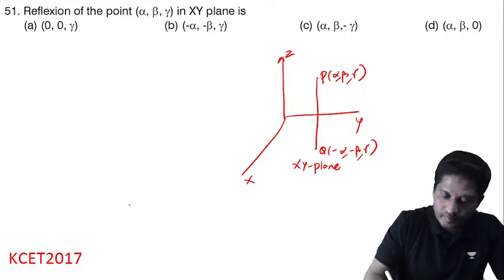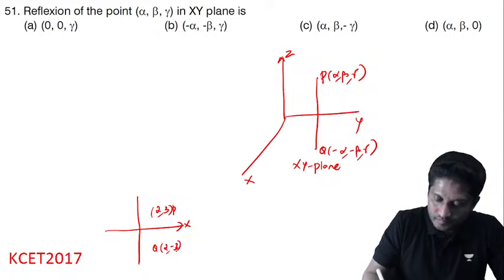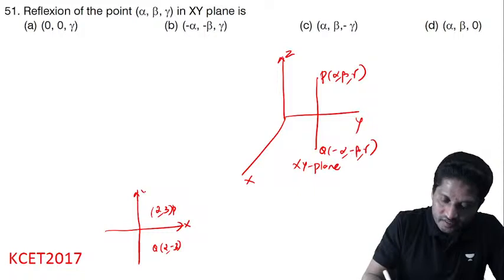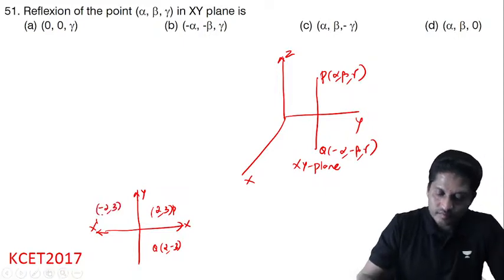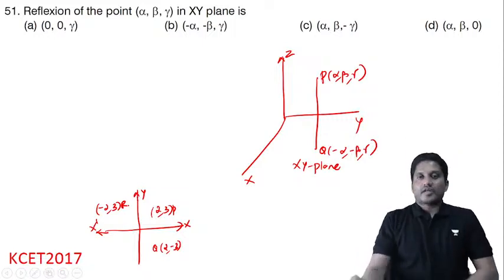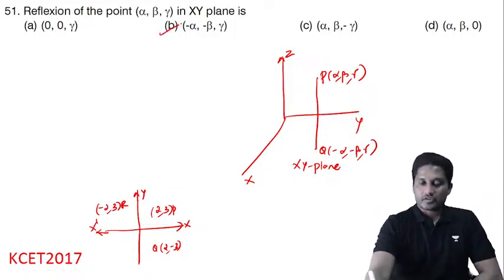If I take suppose 2D two-dimensional, if this point is 2 comma 3, reflection of 2 comma 3 in x-axis will be equal to 2 comma minus 3, isn't it, guys? Again, reflection of this with respect to y-axis will be equal to minus 2 comma 3, right? Same logic. The reflection of alpha, beta, gamma in xy plane will be minus alpha, minus beta and gamma. Answer is option B.